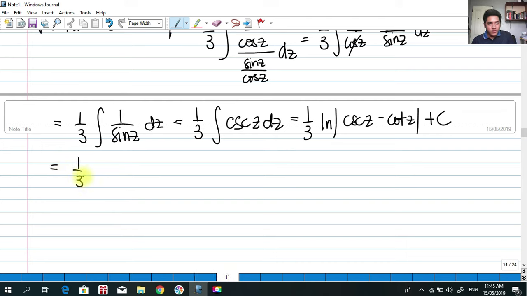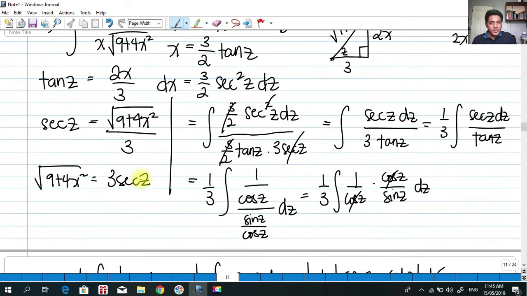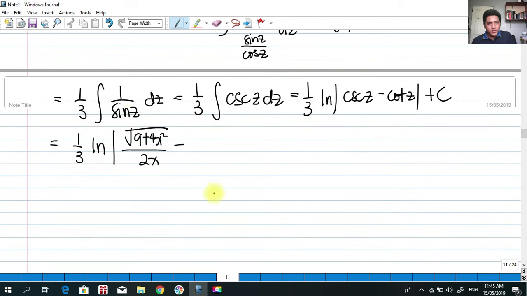So 1/3 ln of the absolute value of the square root of 9 plus 4x squared over 2x, minus the cotangent of z, which is simply the reciprocal of the tangent function here, 3 over 2x. So 3 over 2x, absolute value, plus c.